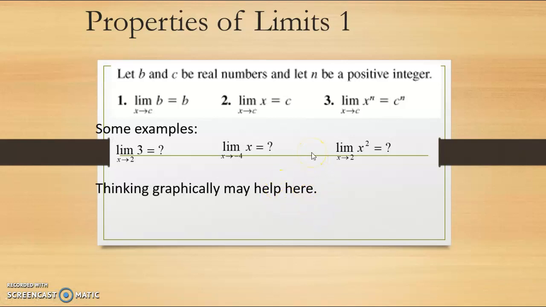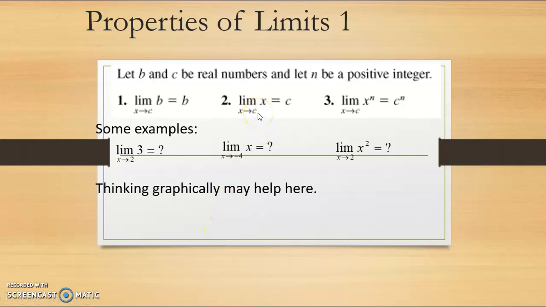Now in this slide you can see some of the properties of limits. What are the basic properties of limits? For example, the limit of any constant value, as x goes to any value, is always the same constant value.